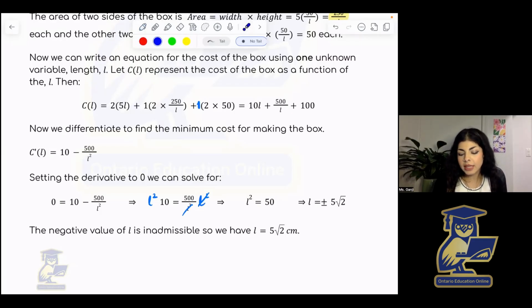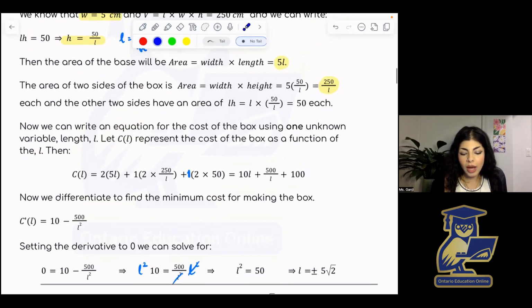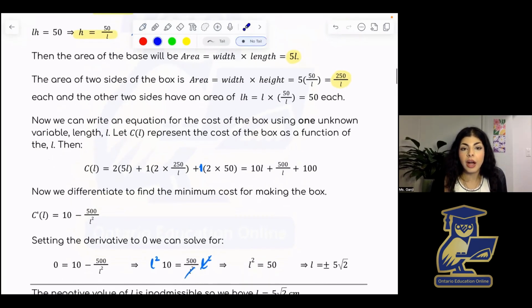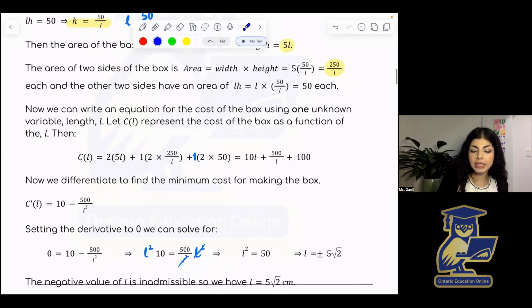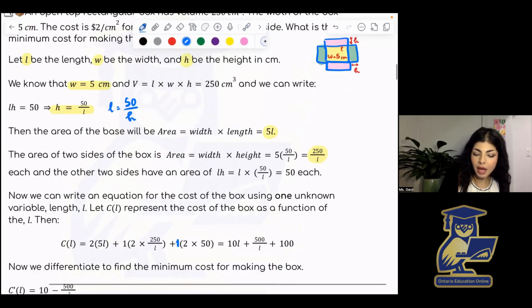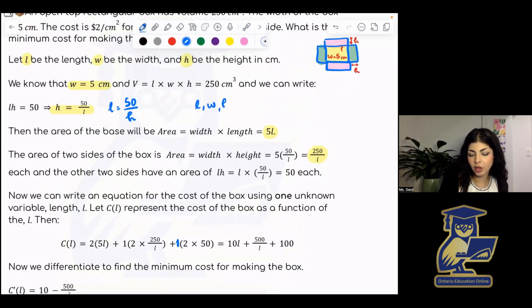So then L, taking the square root, is positive or negative 5 square root of 2. But because we are working with length, we know that the negative value is inadmissible here. It doesn't work in our context. I could also have an additional interpretation here of the domain and/or the restrictions on each of my variables. But at the least, I know that length, width, and height are all greater than 0.